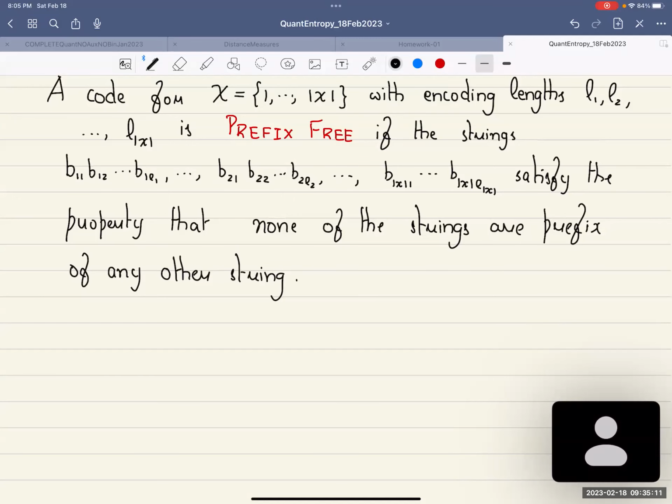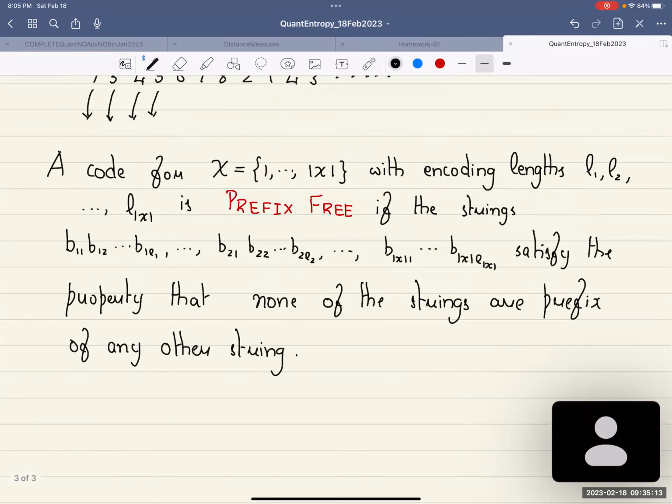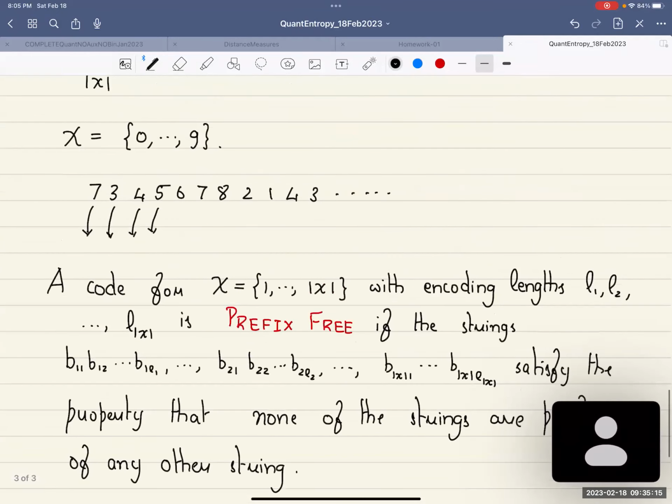I haven't made this very precise, but I hope you understand it.